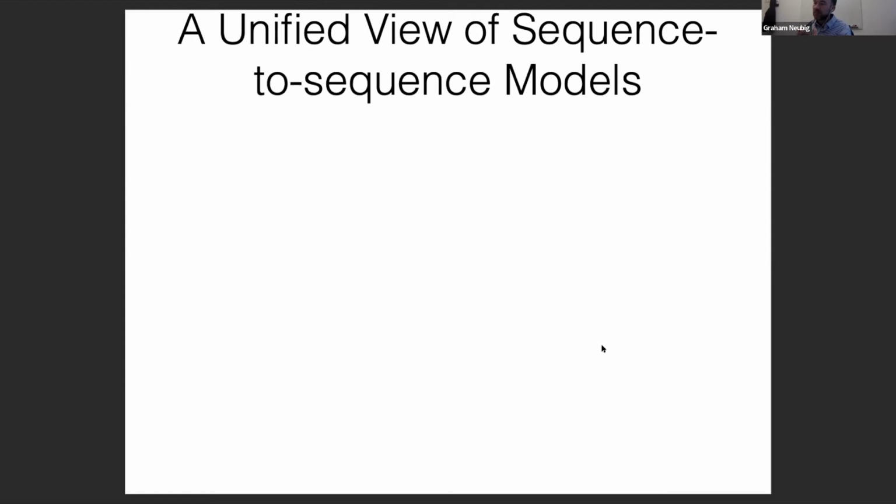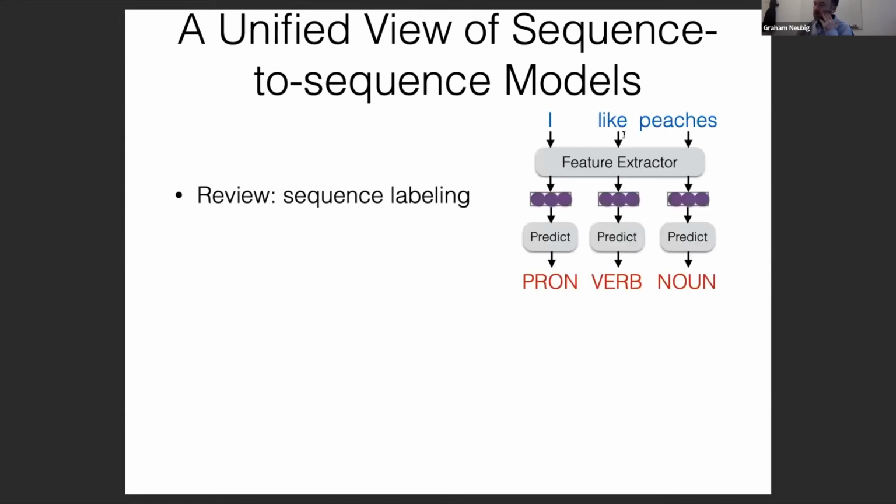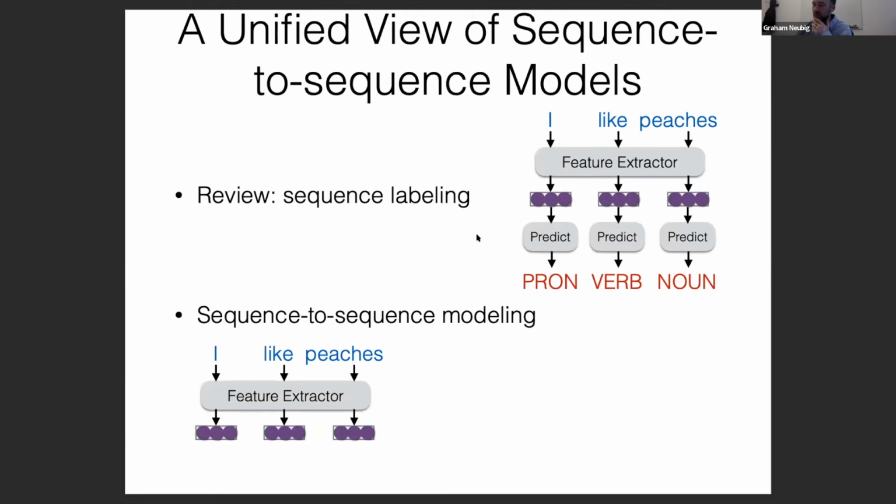And so this was about transformers. Taking a step back, we can take a unified view of the models that we've talked about so far in this class. So we have sequence labeling, where sequence labeling has a feature extractor. And then given the feature extractor, we have a feature for each word and calculate the output. So this is what everybody is doing for assignment 1. And then we have sequence modeling, where we have a feature extractor.